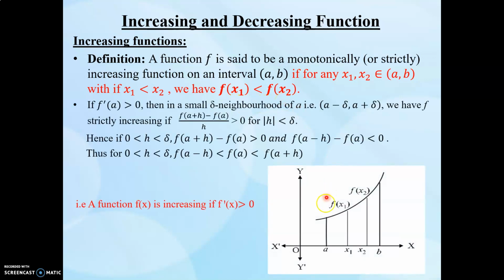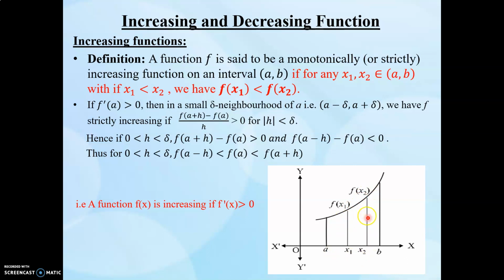You can see this figure for this one. This is the increasing curve. So corresponding x1 and x2, we can find f of x1 and f of x2 here. So here x1 is less than x2 and the corresponding value of f of x1 is less than f of x2. You can clearly see that.